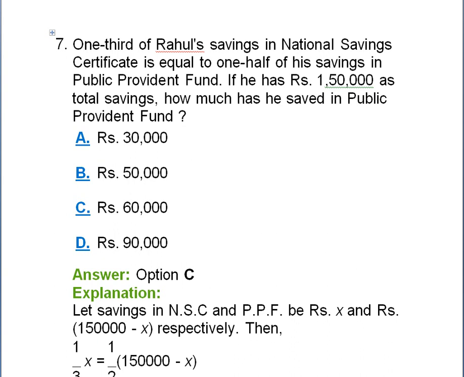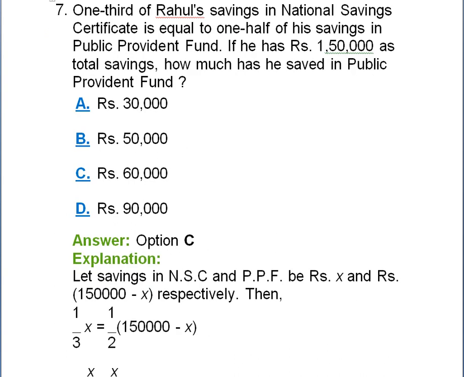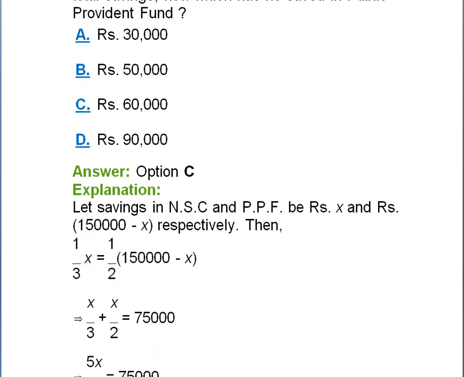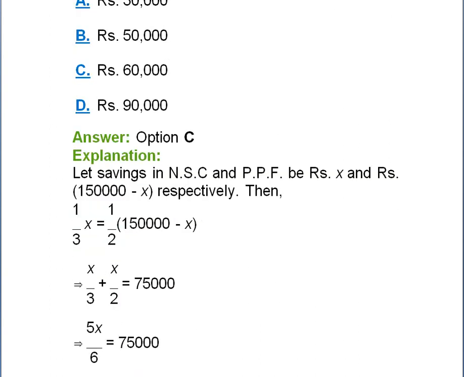Okay. So let the savings in NSC and PPF be x and 1,50,000 minus x respectively. According to the question, 1 by 3 x equals 1 by 2 into 1,50,000 minus x. So you can easily solve this. x by 3 plus x by 2 equals 75,000.